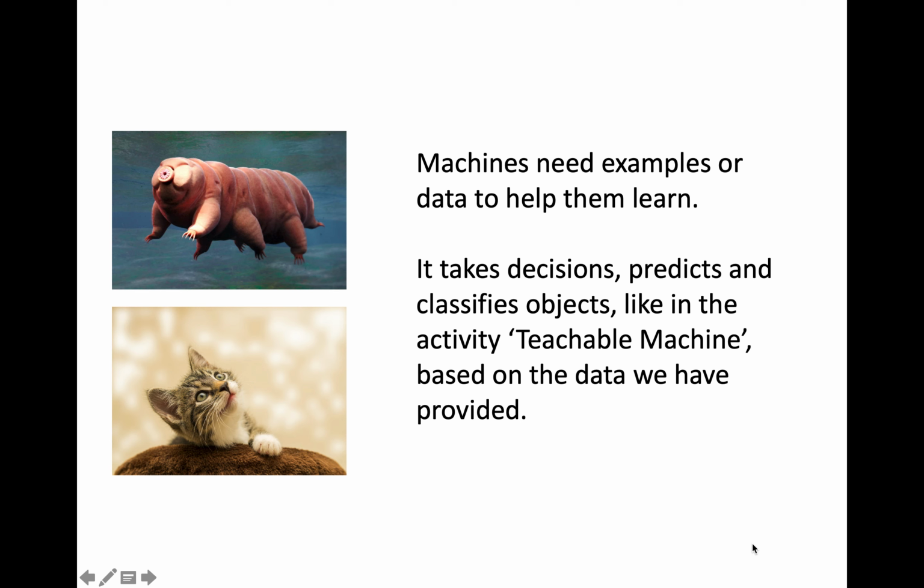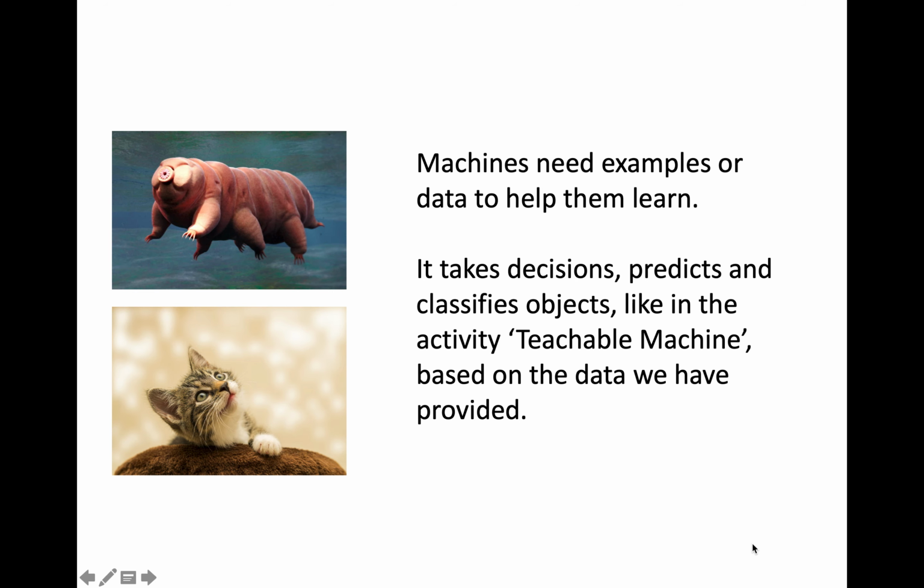It is these examples and data which help it to make decisions, predict and classify objects, like in Teachable Machine, where with the help of a number of examples of a pen as well as that of a glass, we were able to make the machine classify a pen and a glass. Without providing examples, it wouldn't have been possible to train the model.